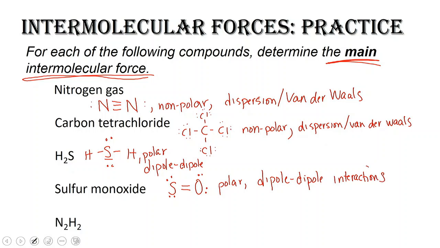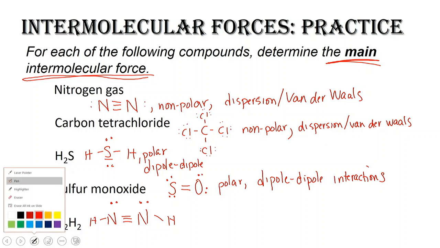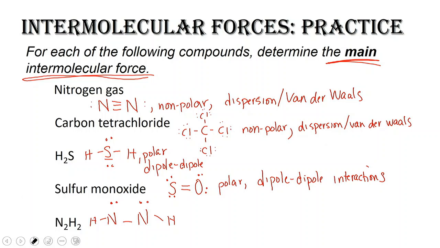All right, the last guy, N2H2. As I said before, you can take the time to draw the structure, but if you draw the Lewis structure, you'll notice that it's a double bond between the nitrogens, and both of the nitrogens have lone pairs.